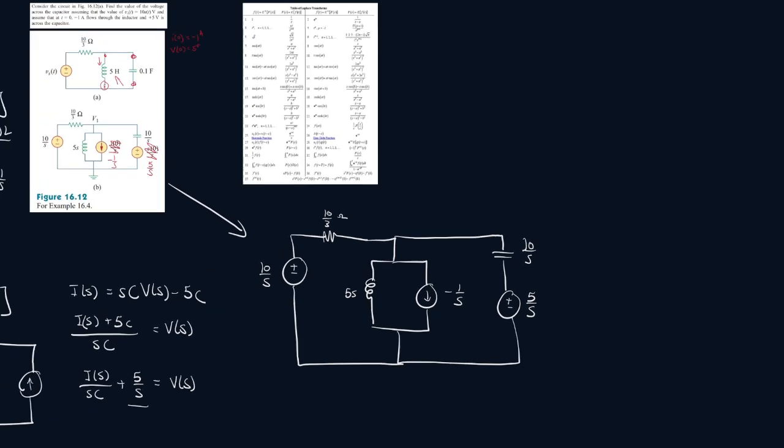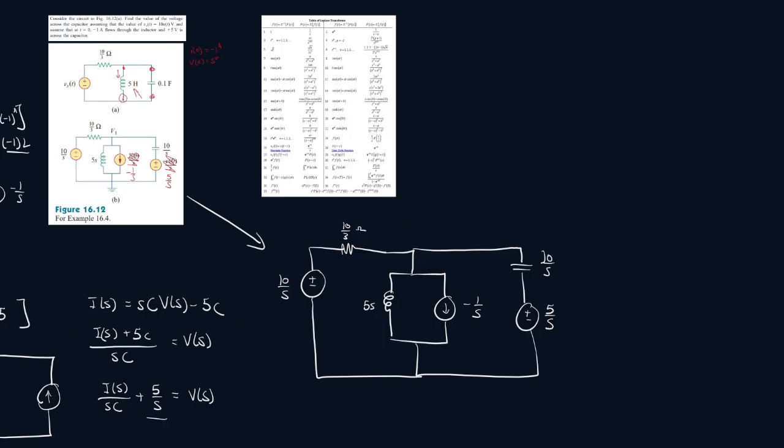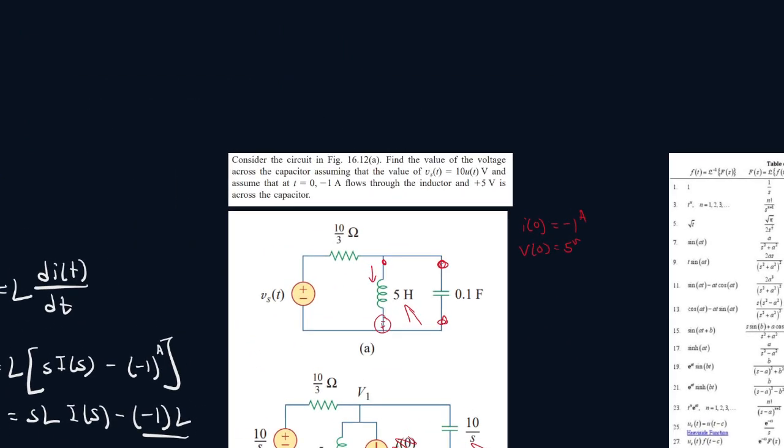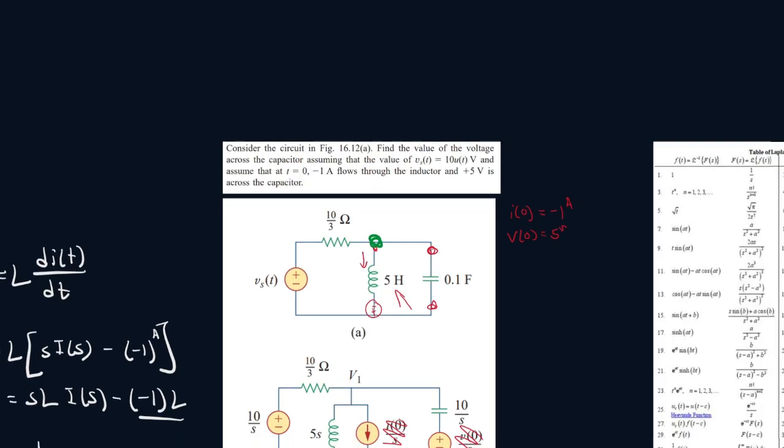Alright, so we have this circuit here, and we're trying to find the voltage. Wait, let me see what we're trying to actually solve for. Okay, so we have to find the voltage across this capacitor. So it's just going to be the voltage here.